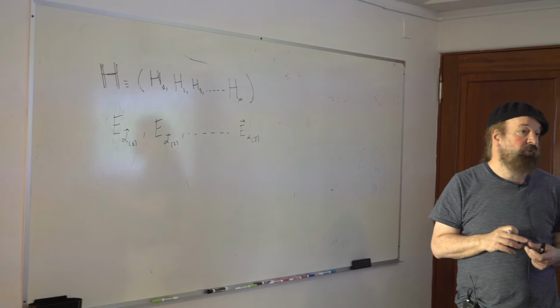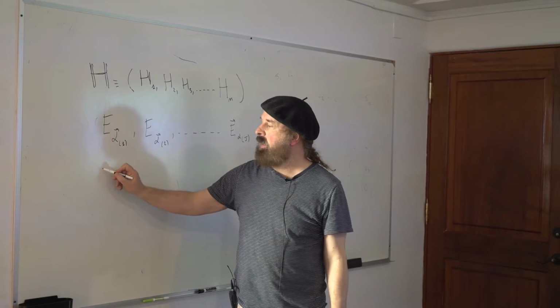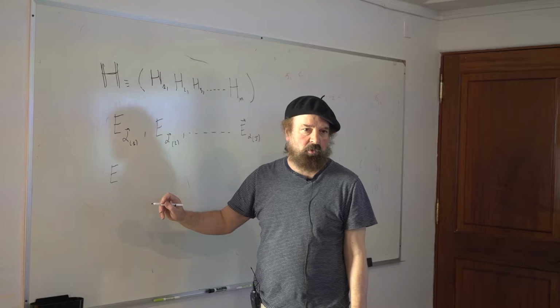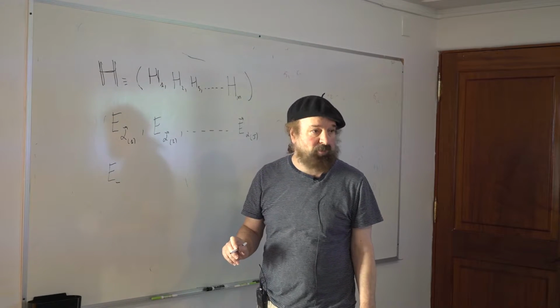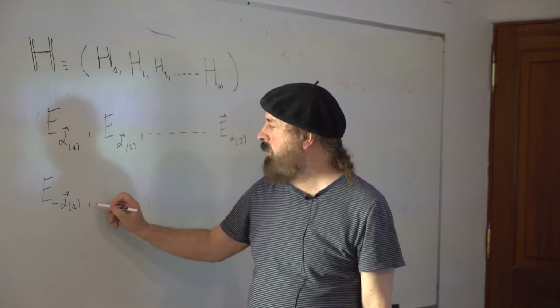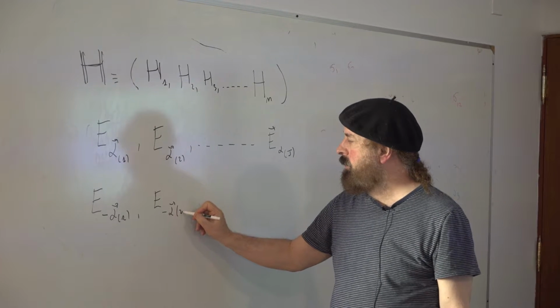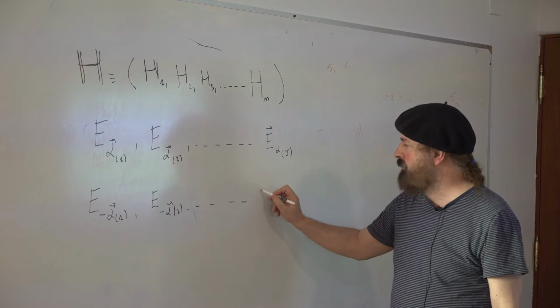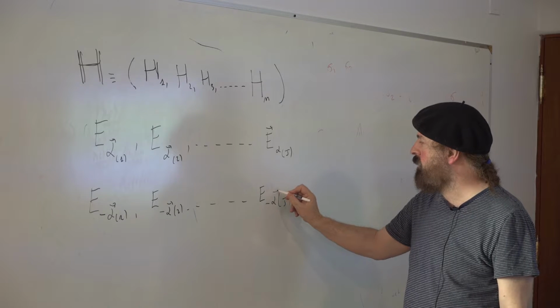We'll talk about that. So you're going to have the conjugate roots, whose labels are the opposite of vector number 1, the opposite of vector number 2, and the opposite of vector number J.